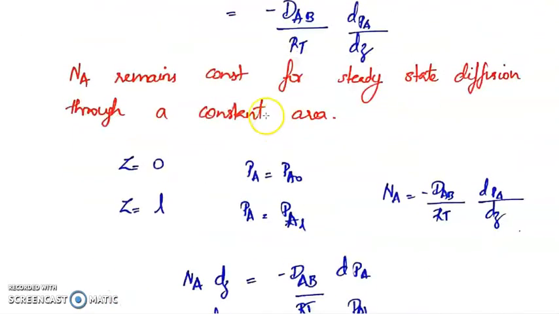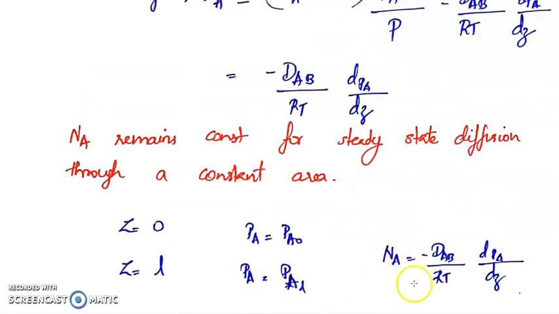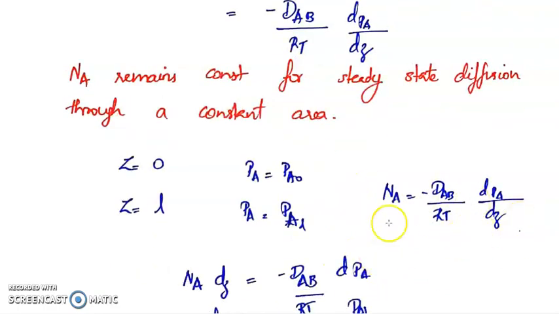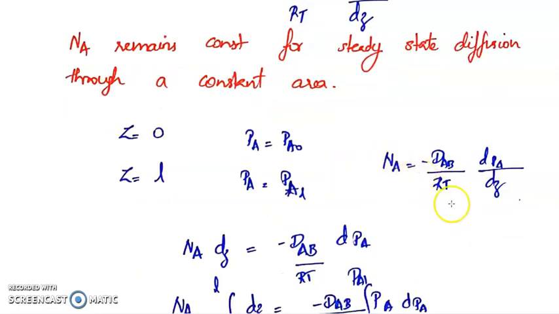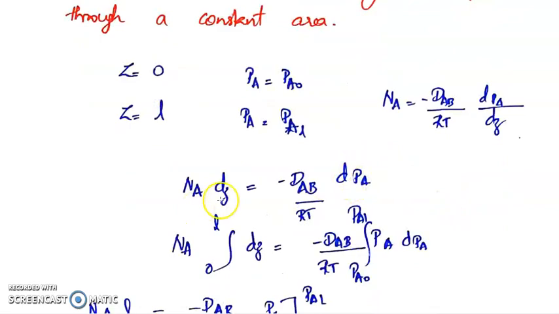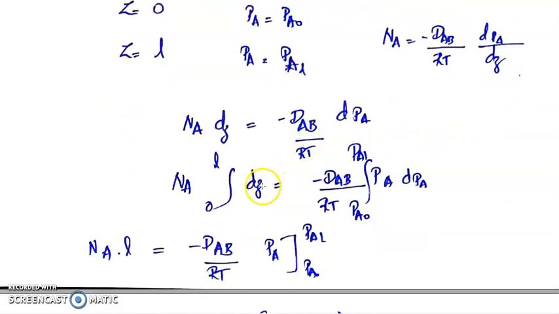So here I can assume NA to be a constant, and I'm also assuming the diffusion is from position z equal to 0 to position z equal to L. The partial pressure of A at z equal to 0 is PA0, and the partial pressure at z equal to L is PAL. Since NA is a constant, I can separate the variables as NA dz is equal to minus DAB by RT dPA. Let's integrate by applying the limits.